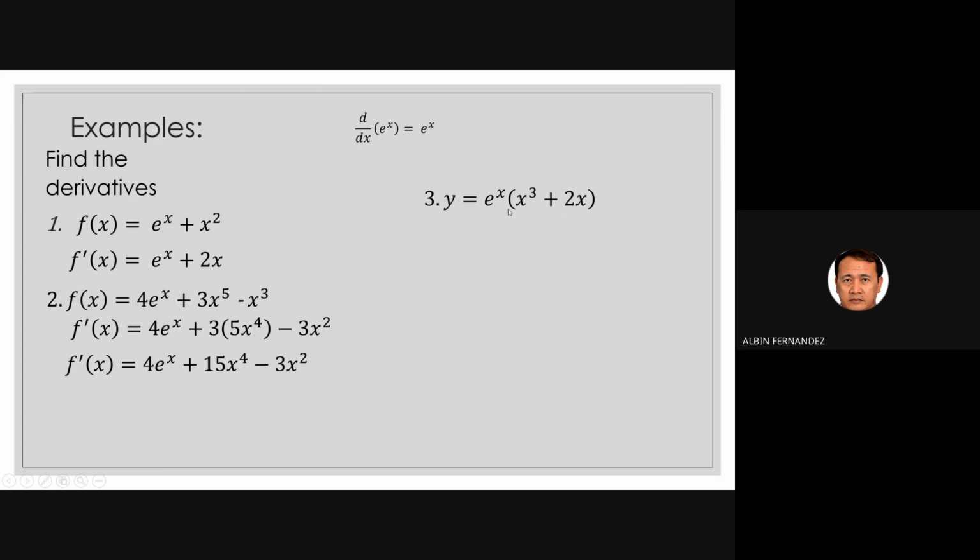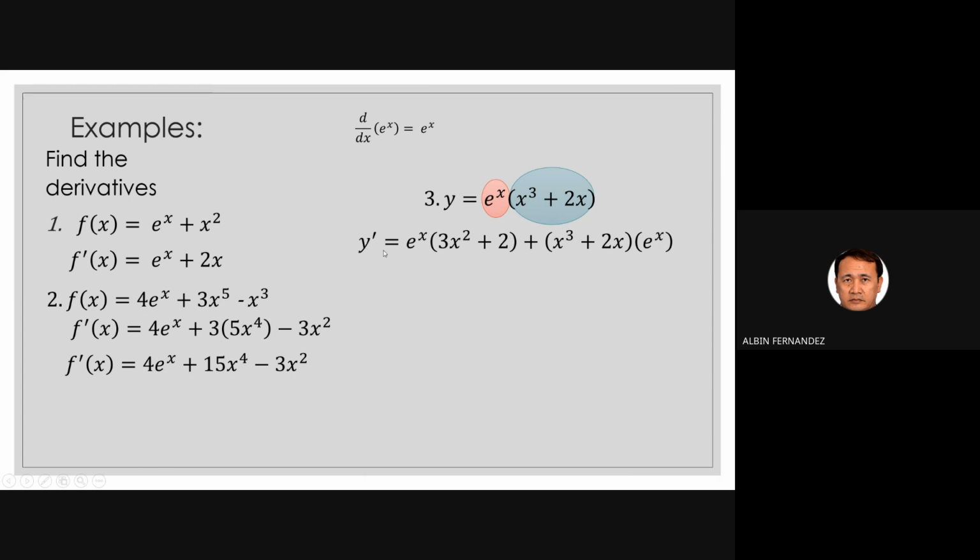For the third example, let's have y equals e to the x times the quantity x cubed plus 2x. So this is an example of a product rule where you have e to the x to be your first function, and then x cubed plus 2x to be the second function. So basically, this is your f and this is your g.